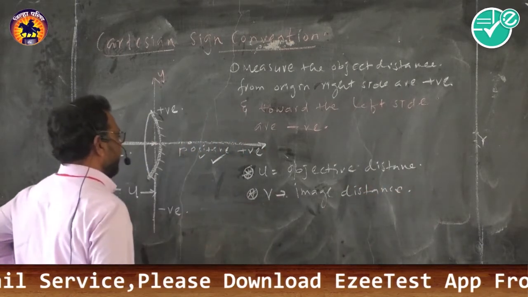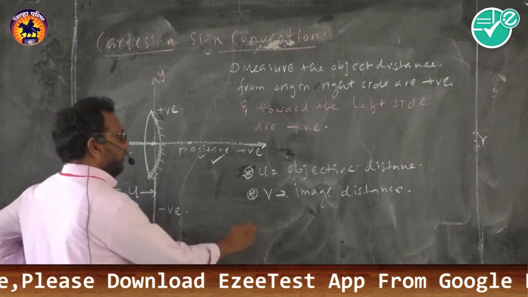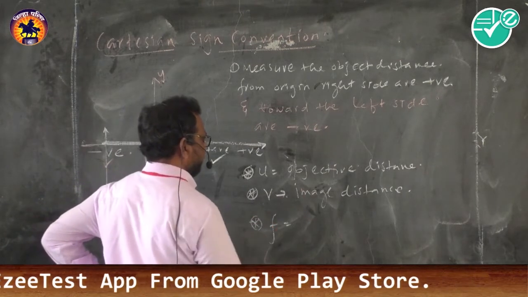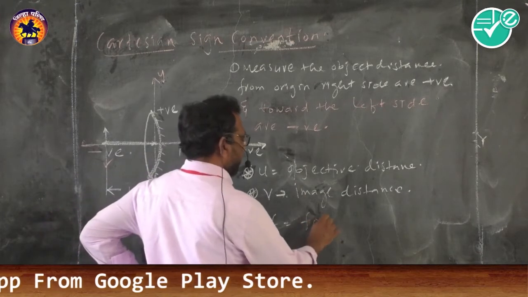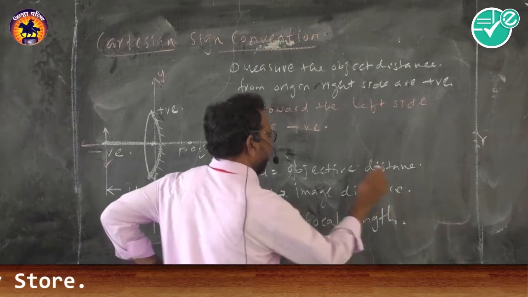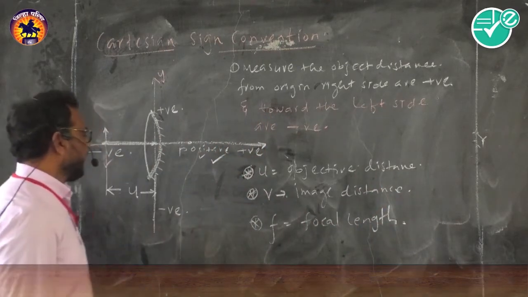And one more symbol is very important here, that is f, used for focal length.